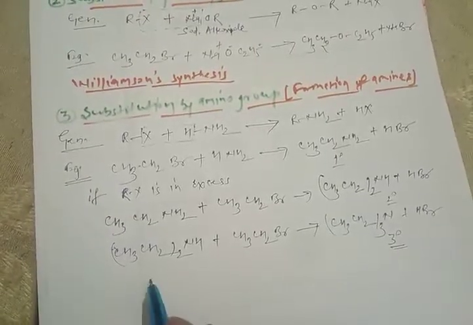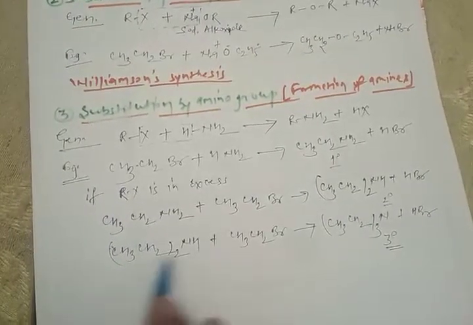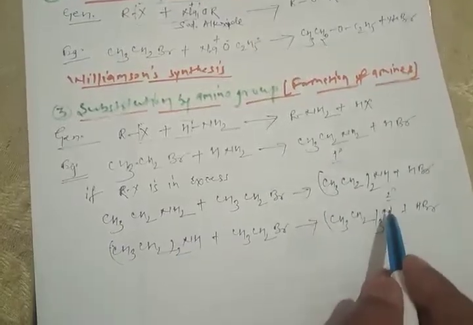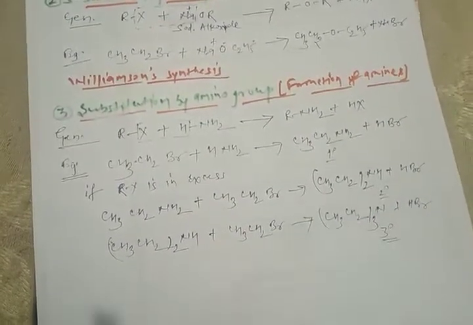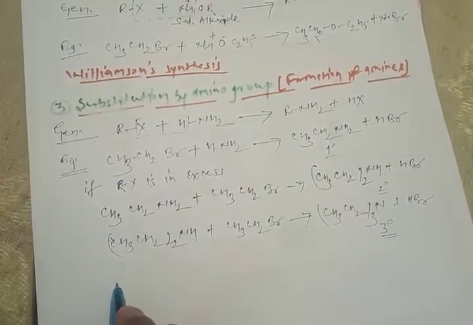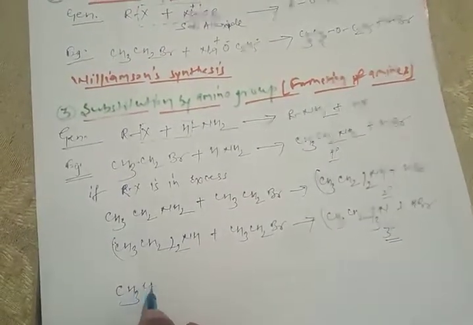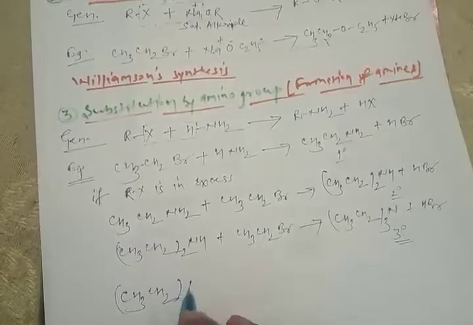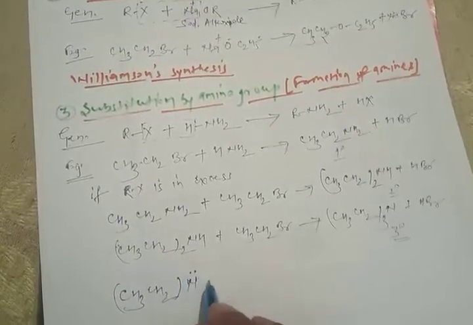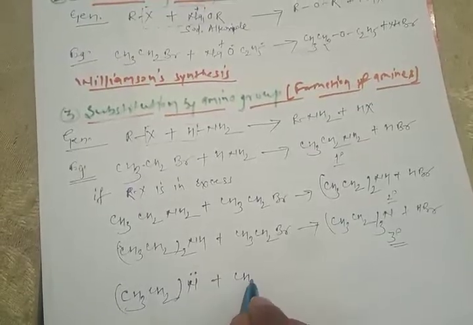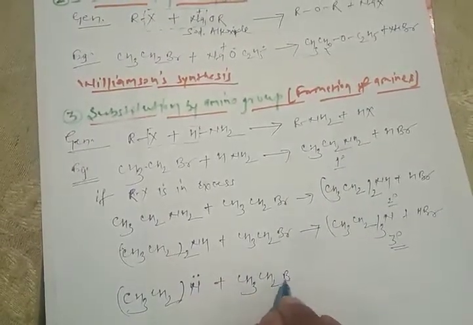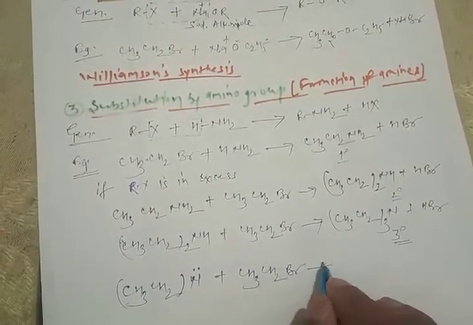So this reaction will go further, because this nitrogen has a lone pair, and this lone pair can form a salt. So let's start the further reaction. CH3CH2 N, I'm writing this lone pair here, and then CH3CH2Br. So what will we get?